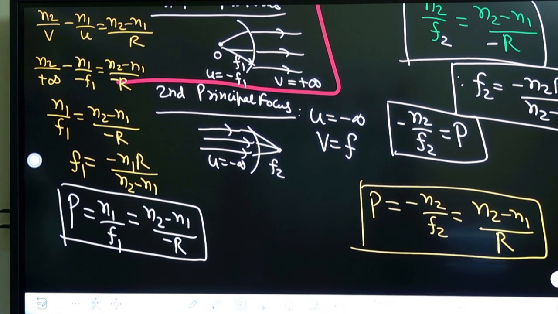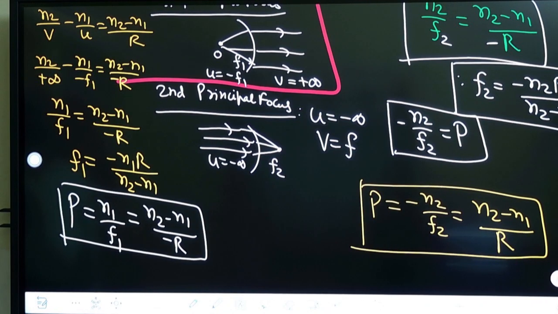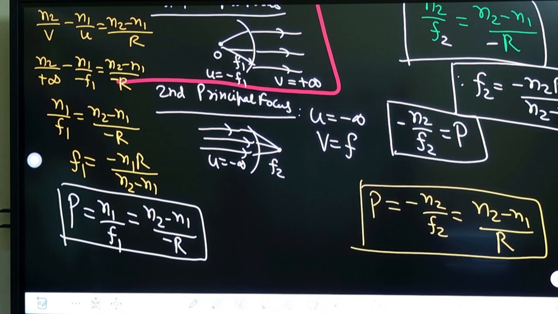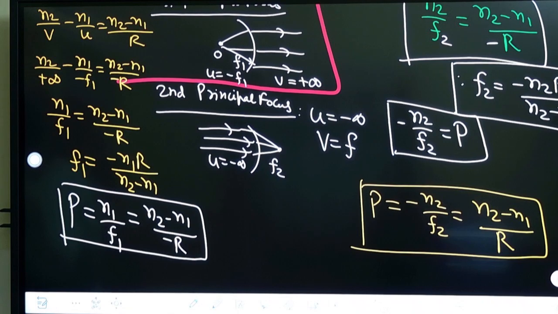Both should be the same: N2 minus N1 by R. That's the definition of power. Here the definition, that minus is coming, N1 by F1 or minus N2 by F2.